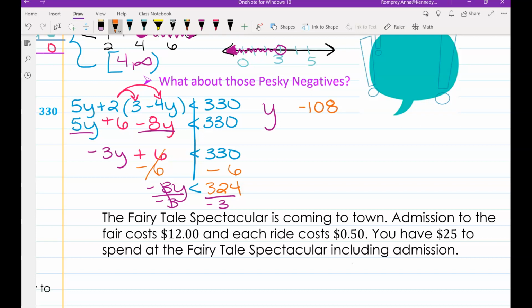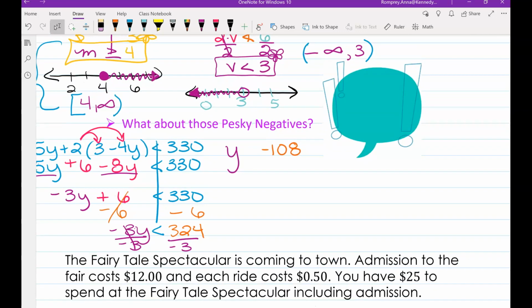Now, when multiplying or dividing by a negative, so what about those pesky negatives? When multiplying or dividing by a negative, we must flip the sign. I'm going to make myself a thought bubble.